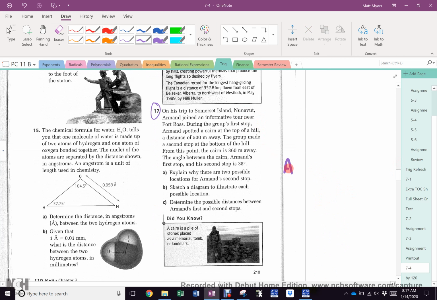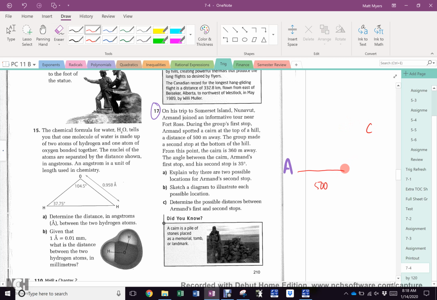So here is Armand, and he sees a cairn at the top of a hill that is 500 meters away. A cairn is a pile of rocks. Like an inukshuk is a kind of cairn, right? From this point, the group made a second stop at the bottom of the hill.